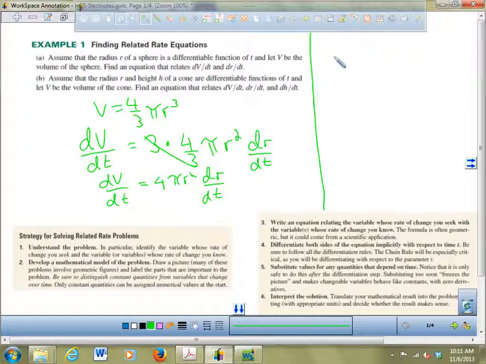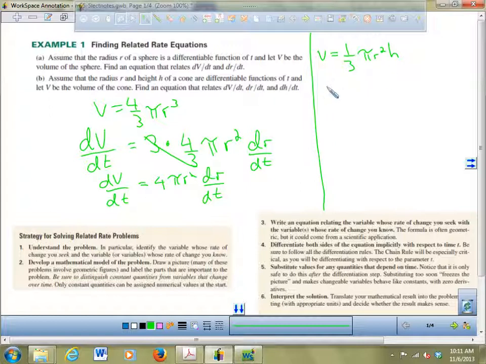We talked about the volume formula for cones, which is 1/3 pi r squared h. If it says something's not changing, you just leave it alone and pretend it's a constant. But here both are differentiable functions. Find an equation that relates dV/dt, dr/dt, and dh/dt.